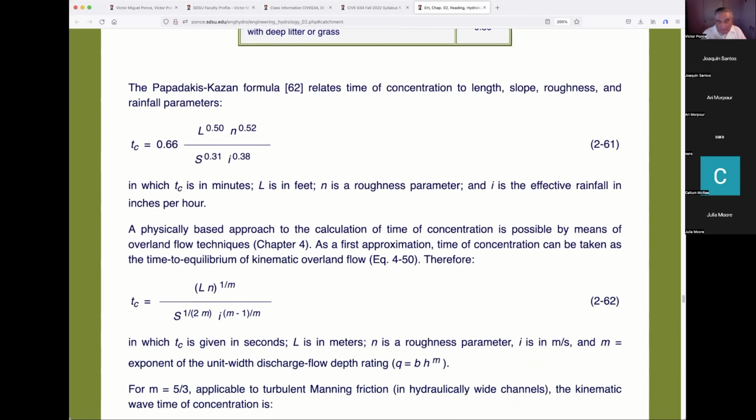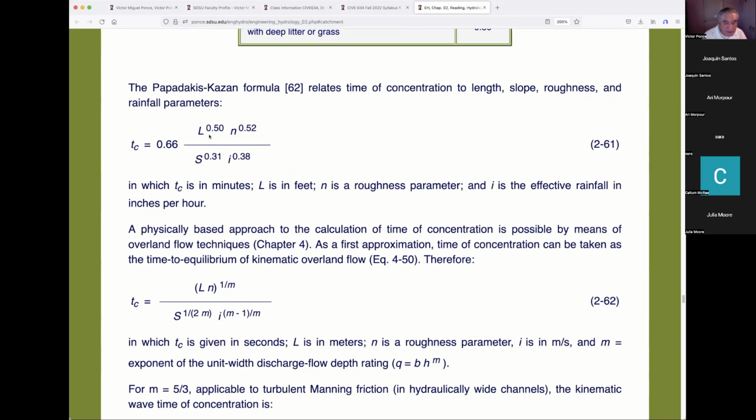And finally, we have a physically based approach to the calculation of time of concentration by overland flow. It's a first approximation. Time of concentration can be taken as the time to equilibrium of kinematic overland flow. Remember, I already talked about kinematic, diffusion, and dynamic. And note now that if you compare the kinematic overland flow, these formulas look pretty much the same, don't they?